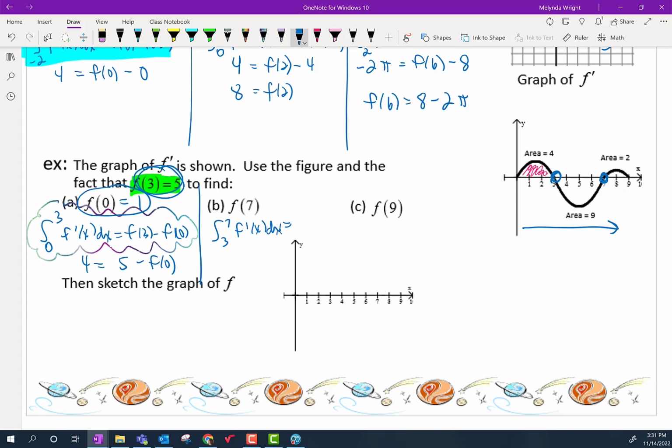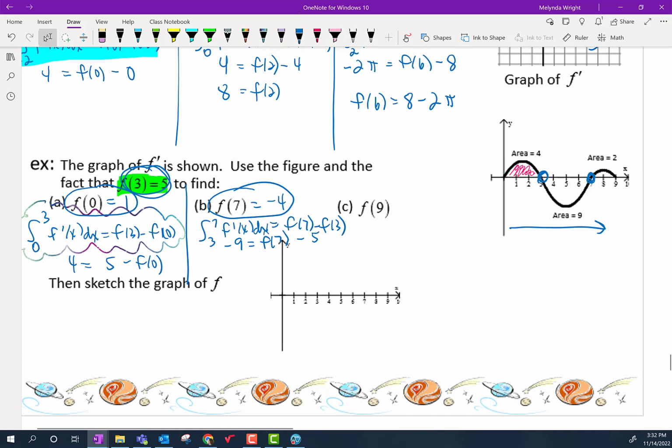That gives me f of 7 minus f of 3. The area they told us is 9. We're integrating forward, so that's a negative 9. f of 7 we don't know, and f of 3 is 5. So doing our lovely algebra and arithmetic, we get f of 7 is negative 4.